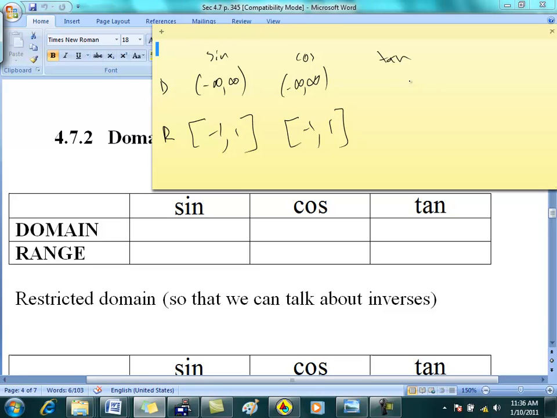Ashwarya, let's see if you know the domain of tangent. Remember, tangent is really funky. It's got asymptotes. So you get all real x, with 2n plus 1, odd multiples of pi over 2. And range?